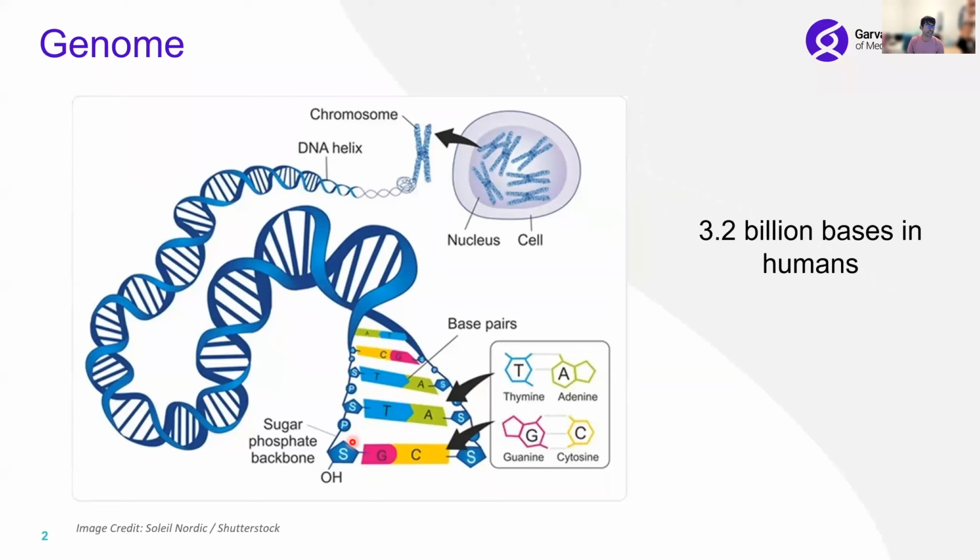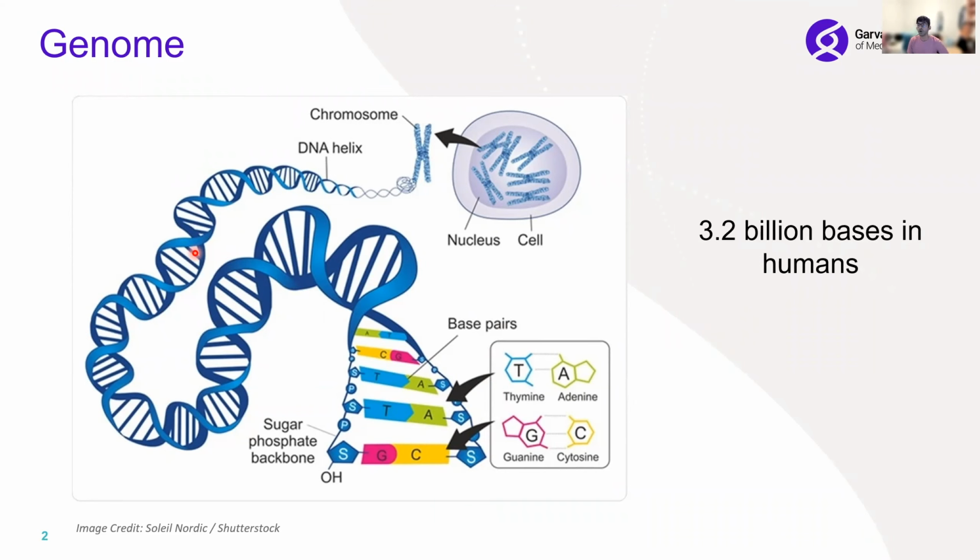These ACGT are representations for these 4 molecular units. So this DNA is a long molecule made up of these ACGT bases. When you represent it in letters, it's a long string made up of A's and C's and G's and T's.